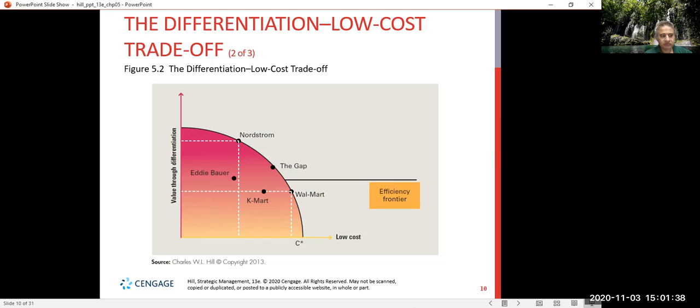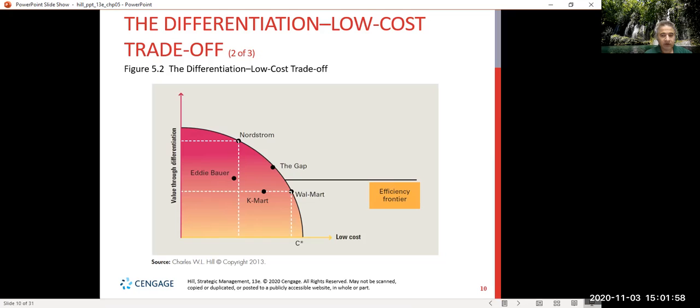If a company is on the edge of this efficiency curve, efficiency frontier, that means the company has an optimal combination of differentiation and low cost.